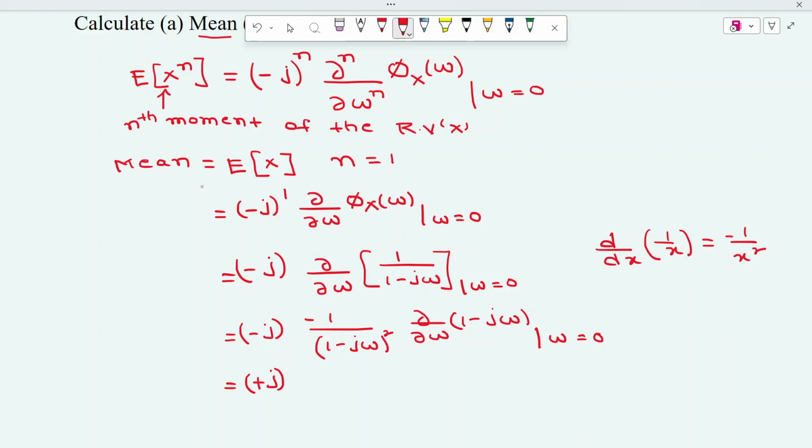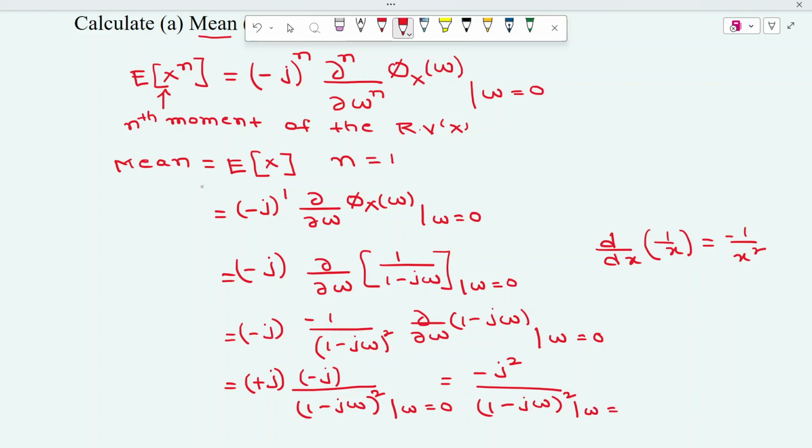Here if we differentiate, differentiation of 1 is 0. Again differentiation of minus j omega with respect to omega will be minus j, giving minus j by (1 minus j omega) whole square. In this we have to substitute omega is equal to 0. If you multiply, j into j is j square. So minus j square by (1 minus j omega) whole square, at omega is equal to 0.